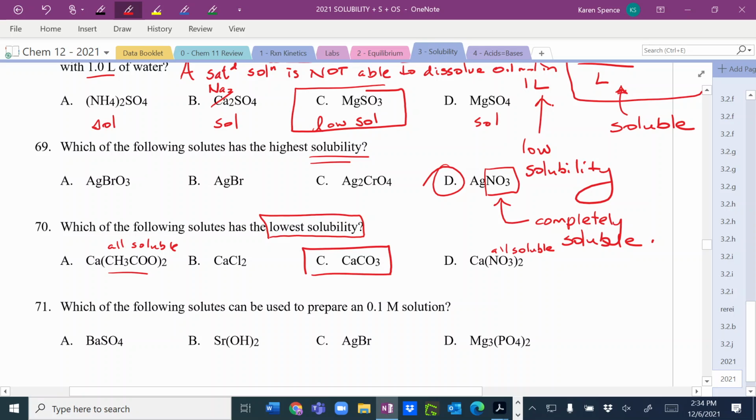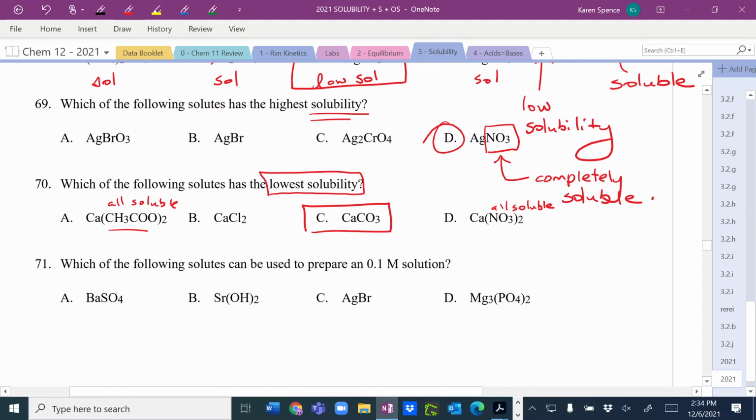Which of the following can be used to prepare a 0.1 molar solution? What's magic about 0.1? Soluble. So let's go to our solubility table. I know that phosphate's right down at the bottom, so it's not soluble with hardly anything, so that's not going to be it.